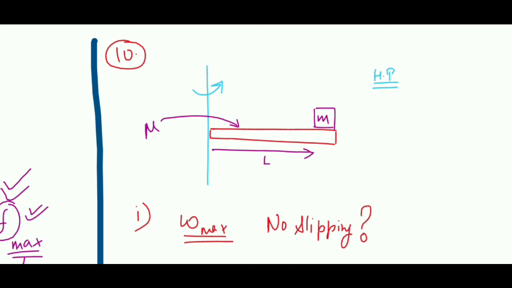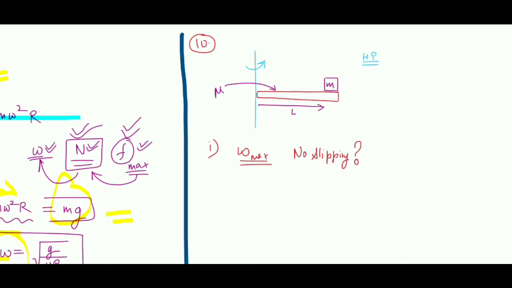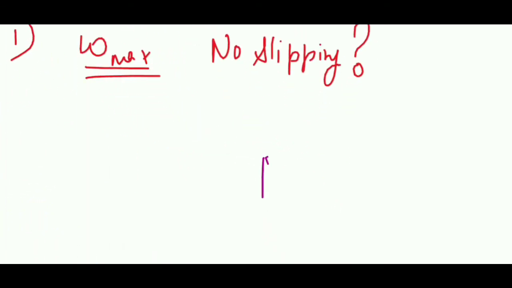Now what is the maximum omega for which this friction is sufficient? We have to find the maximum omega for which friction can provide the required centripetal force. Let me draw the free body diagram of this block, the top view.